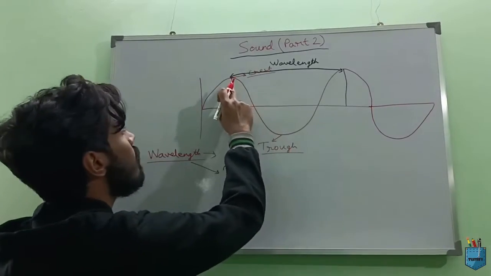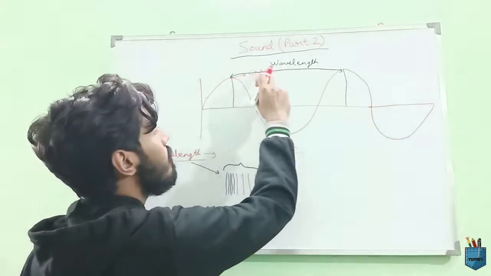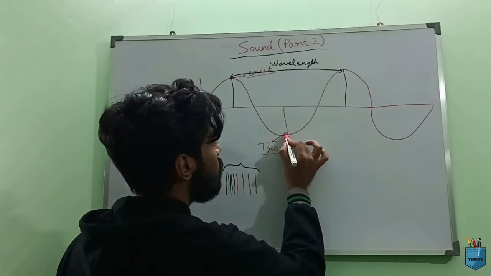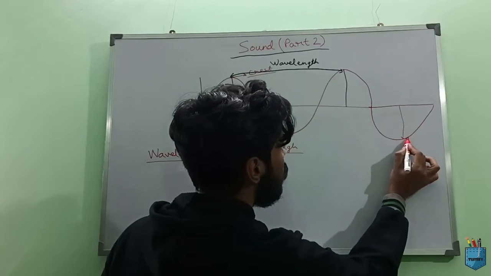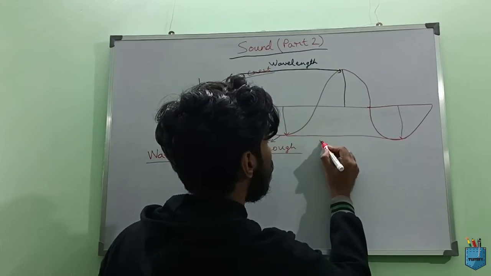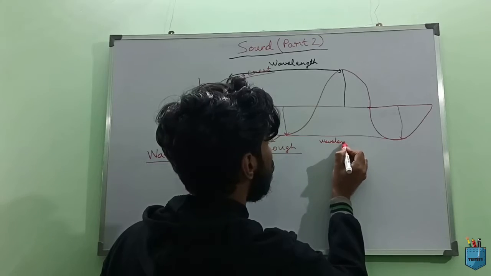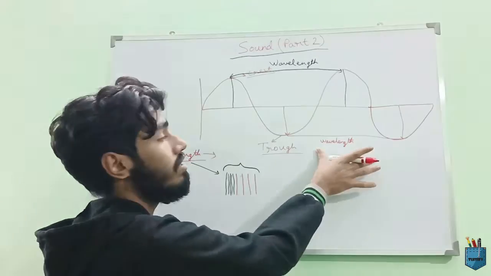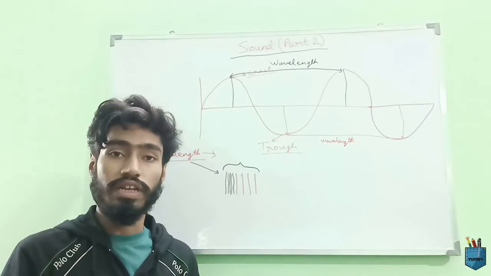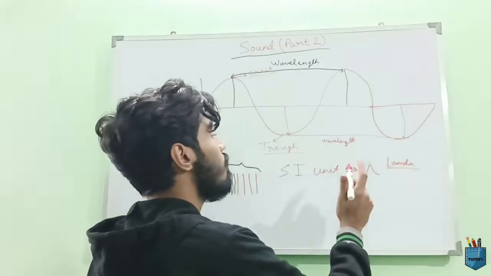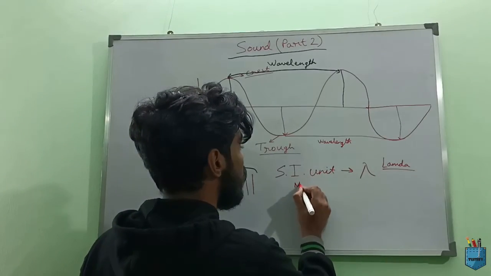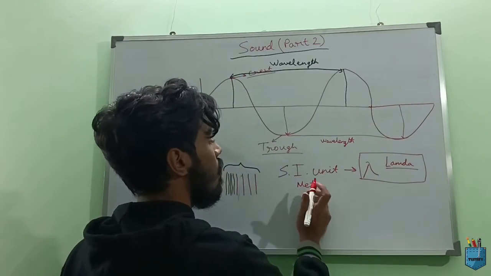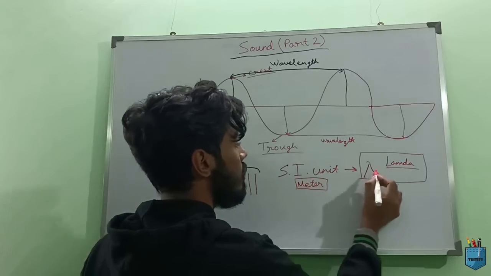The distance between two adjacent troughs is also the wavelength, that is, they are the same. The SI unit of wavelength is meter and it is denoted by the Greek letter lambda.